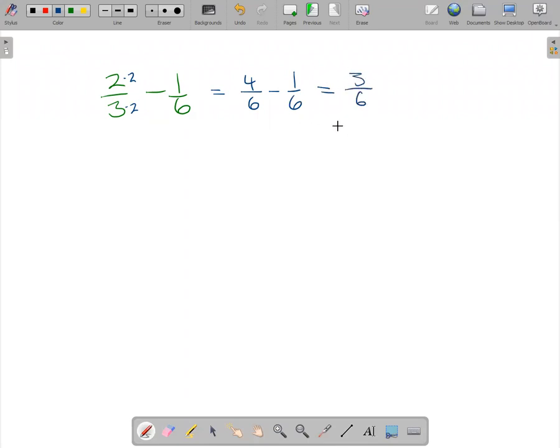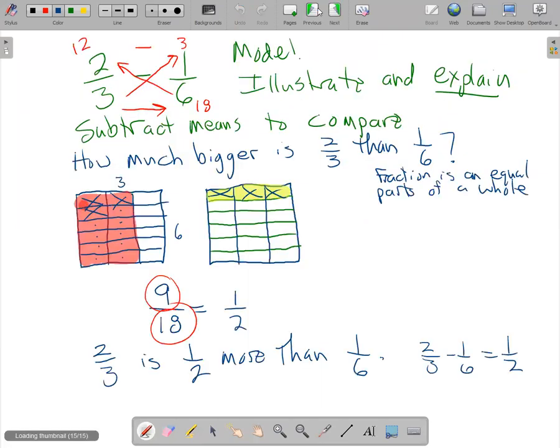Even if I find the lowest common denominator, I still sometimes have to reduce. Both of these are divisible by 3, giving me the 1/2. So that's kind of a side note. Just because you have the smallest denominator doesn't mean you don't have to reduce. Sometimes you still do.